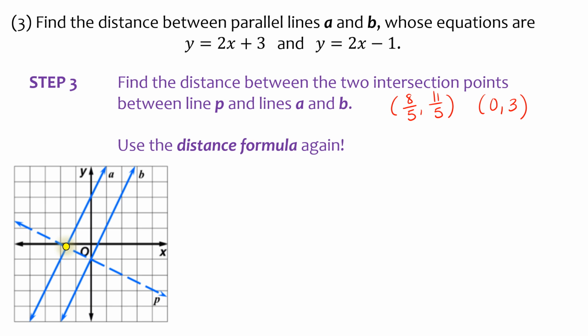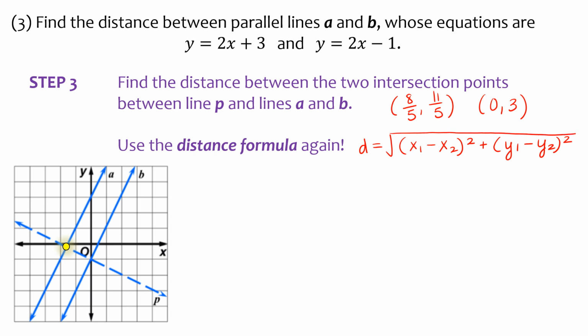We showed in the previous example using just the Pythagorean theorem, but we can also use our distance formula strictly. Remember that distance formula looks like this: d for distance equals the square root of x1 minus x2 squared plus y1 minus y2 squared. That is our distance formula.